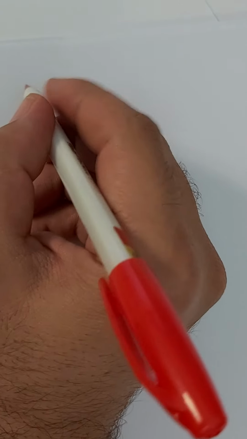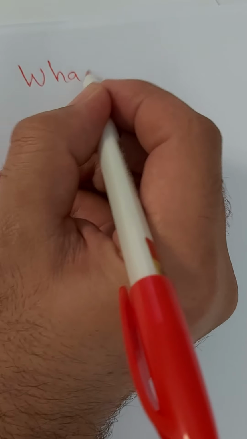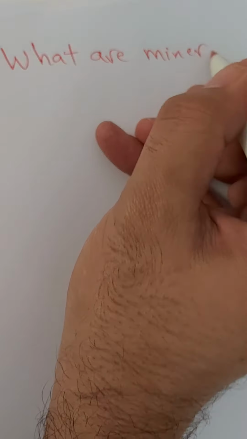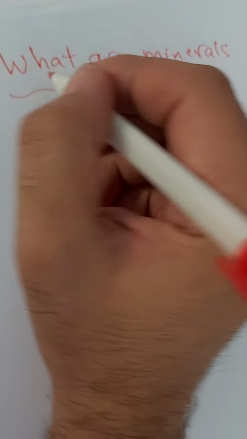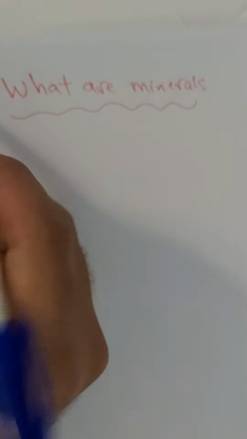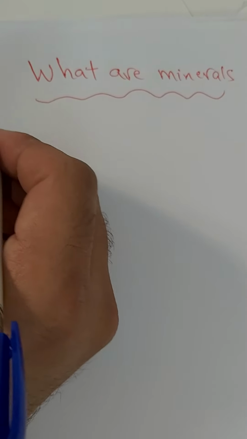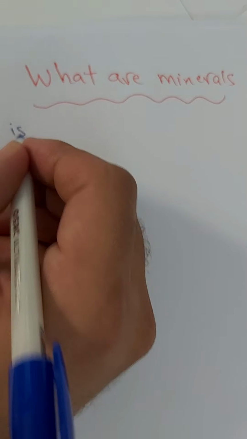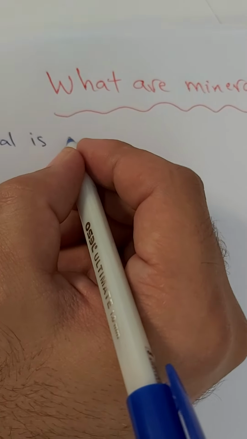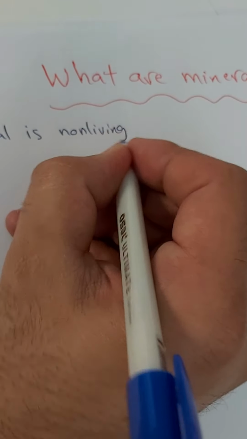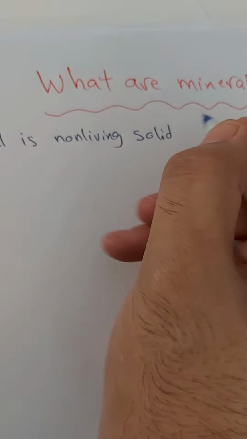So, last lesson we continued with Unit 9 and with a new lesson under the title What are Minerals? Then we defined minerals. We said a mineral is a non-living solid that has a crystal form.